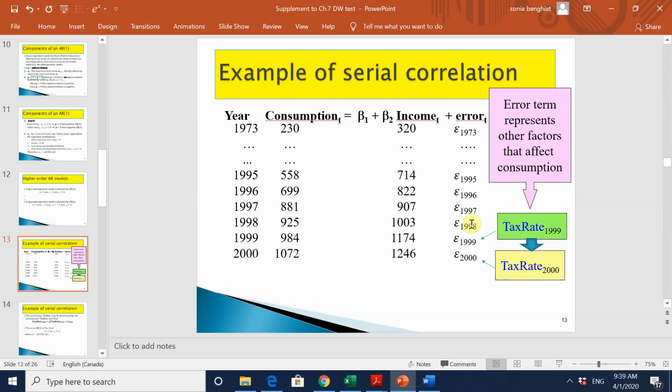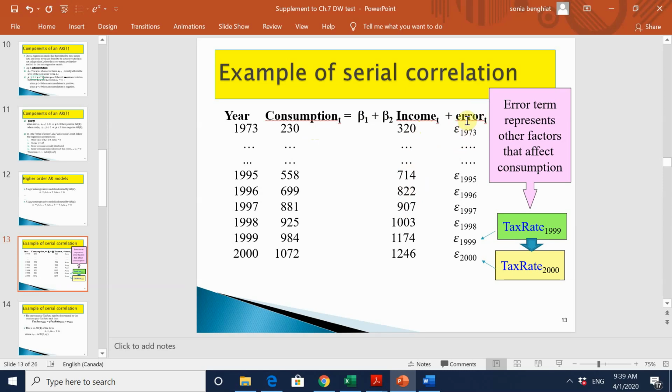To give you an example over here, we've got a very simple example of consumption, and we want to express it in terms of income. So let consumption be your response, and income is the predictor. And here we have, of course, in our regression model, the error component in there as well.